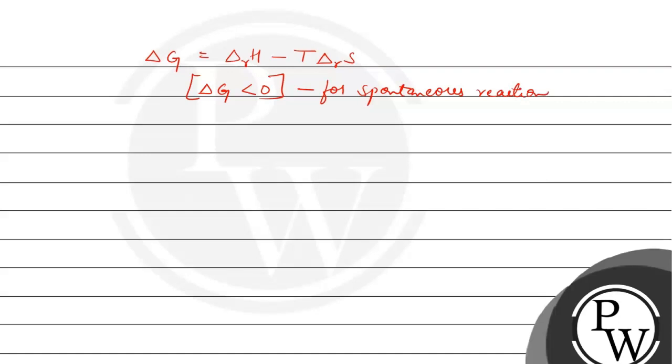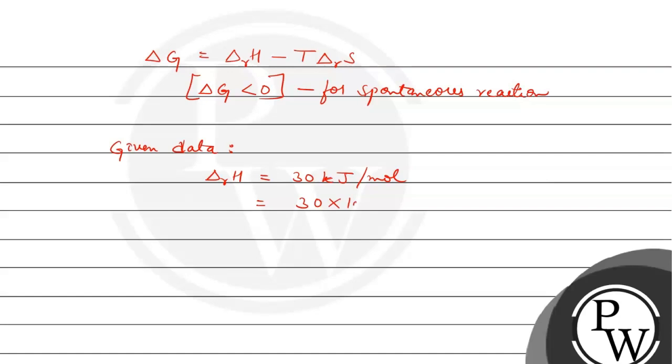So, we'll write the given data. Whatever data is given in the question, we list it out here. The given data in the question is enthalpy change equal to 30 kilojoule per mole. We have to get the answer in joules, therefore we'll convert this into joules.